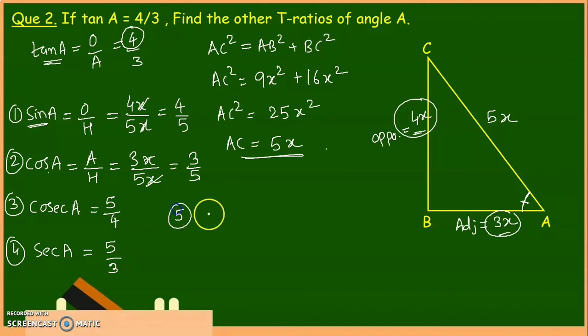And the last trigonometric ratio is cot A, the reciprocal of tan A. Tan A is given as 4 upon 3, so cot A will be 3 upon 4. This way, using only the formulas and the Pythagoras theorem, we can find the trigonometric ratios. Thank you and have a nice day.